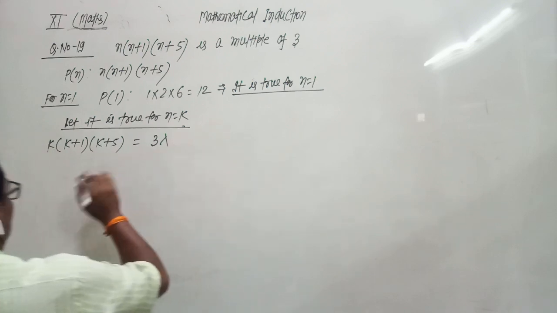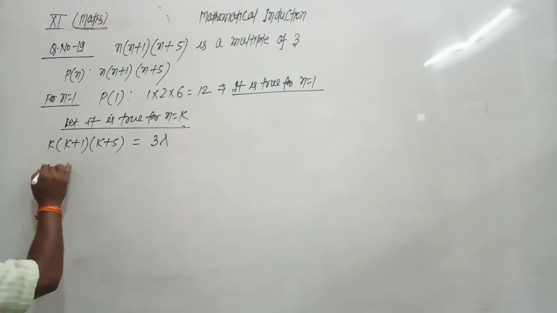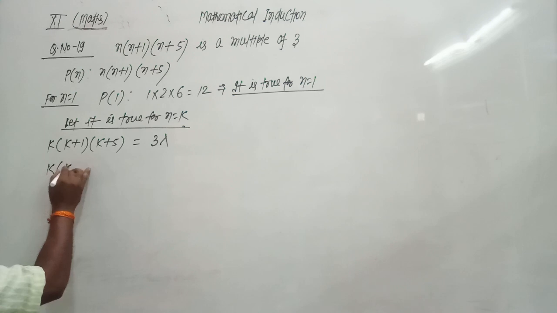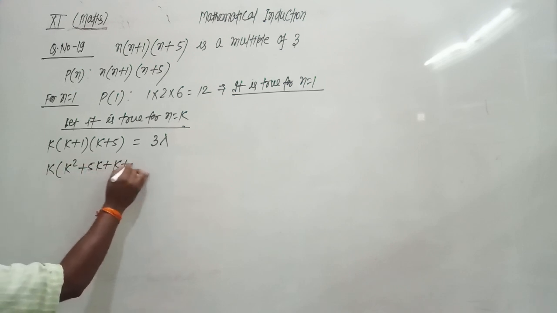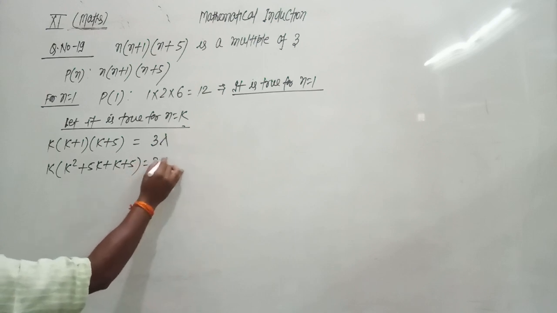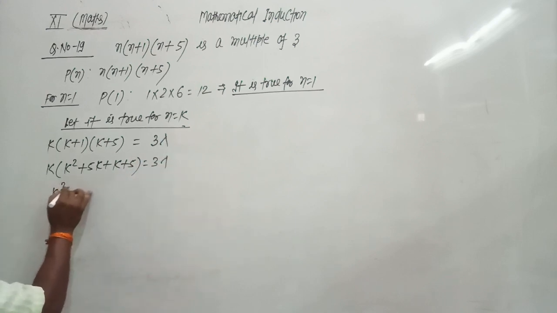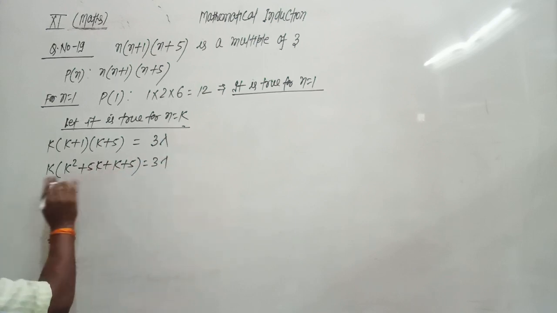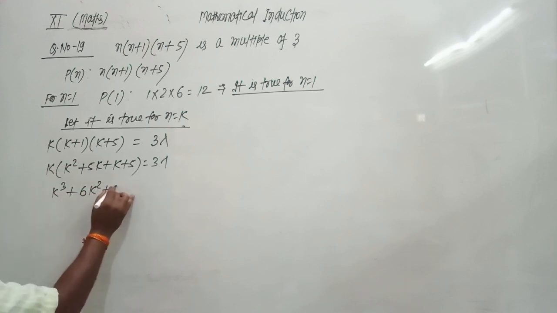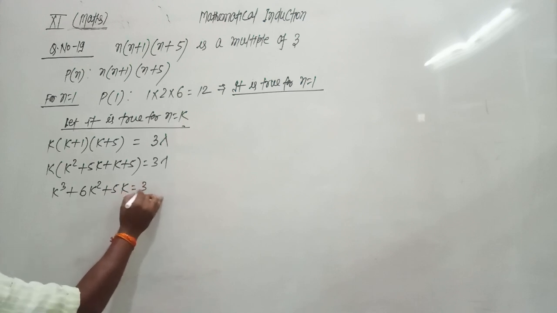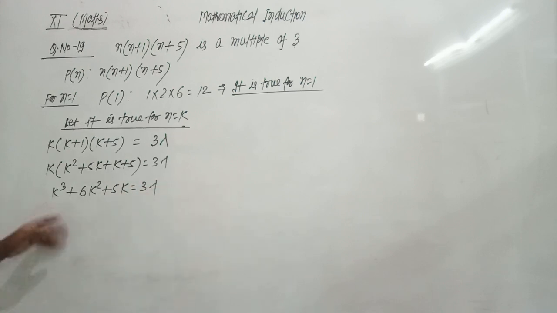And solve this. So k into k square plus 5k plus k plus 5 equals to 3 lambda, and k cube plus 6k square plus 5k equals to 3 lambda, and we eliminate the value of k cube.